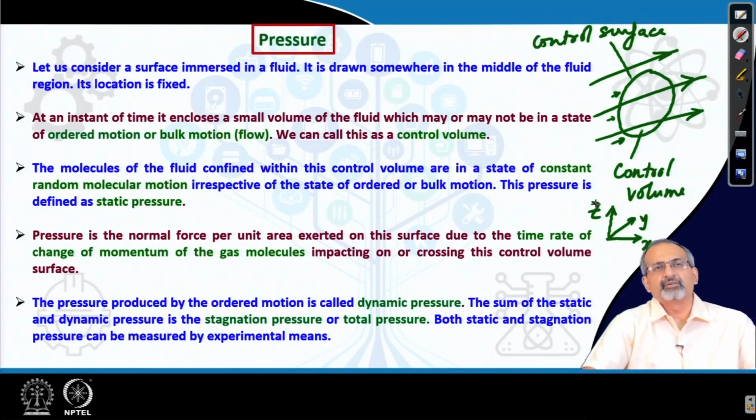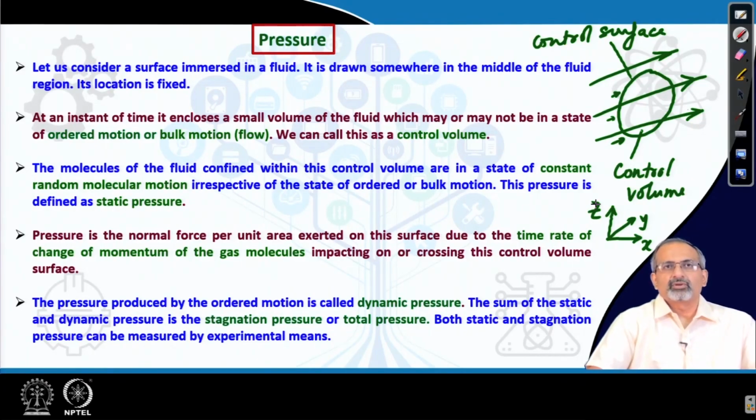Now, at an instant of time, it encloses a small volume of the fluid which may or may not be in a state of ordered motion or bulk motion, which we mean as flow. We can call this a control volume, which we already mentioned.